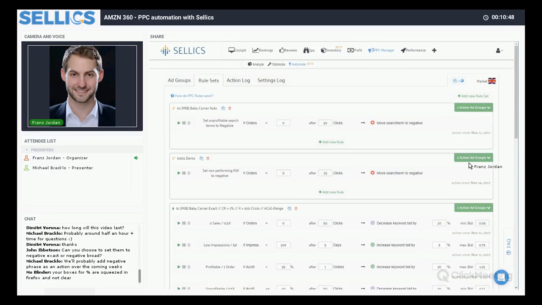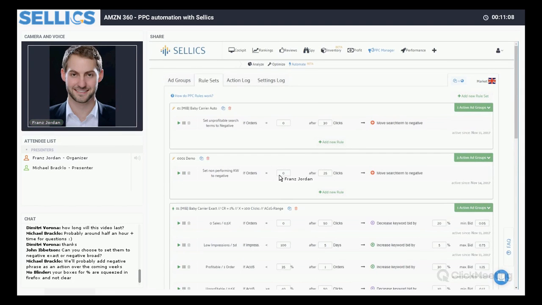And so now what happens is that every day we will check all those 3 ad groups and check all the keywords, all the search terms in those 3 ad groups, and see if this rule applies to any of the search terms, right?